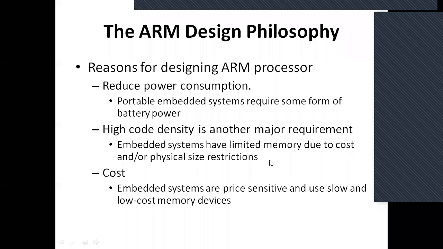The first important reason for designing the ARM processor is reduced power consumption by the processor that is going to be used in embedded applications. Especially portable embedded systems require some form of battery power, so power consumption becomes an important point.